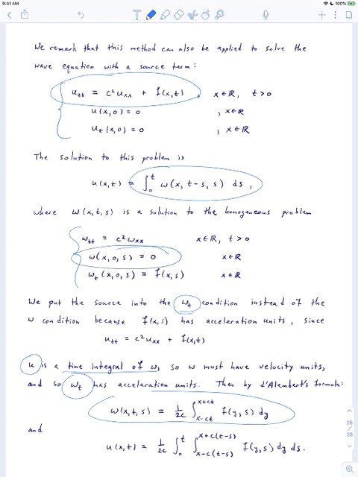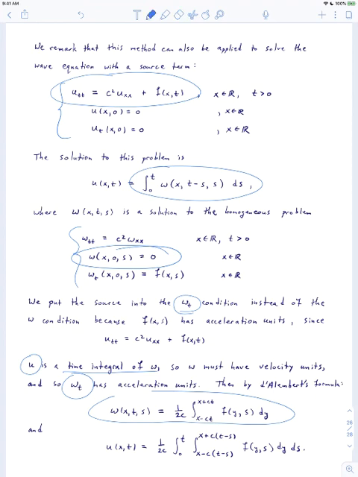The way we wrote D'Alembert's formula, we had the f term here, we had the f term here, and we had a g term here. So now f and g are swapping roles in a sense. Our g term is now called f, and our f term is 0.